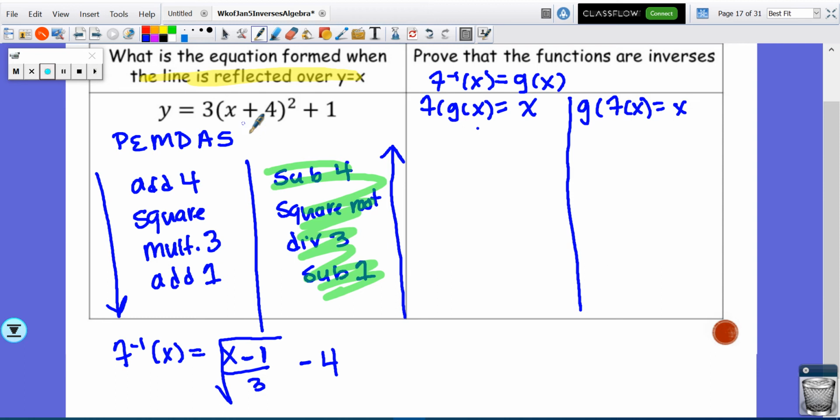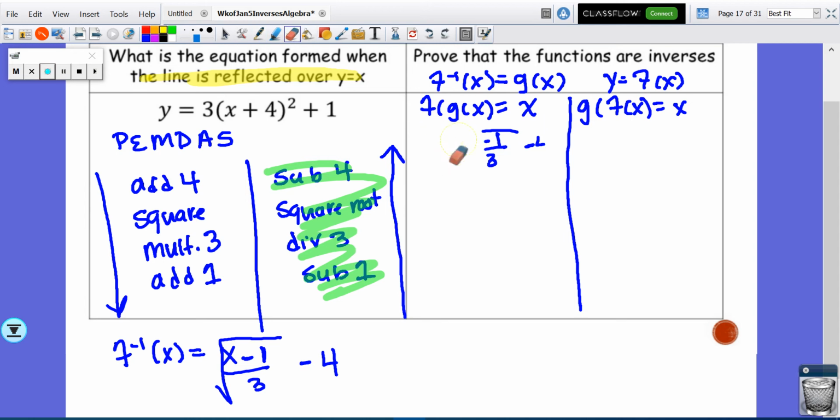So here it tells me to hold the f function. The f function is the same thing as y, which is the same thing as f of x. Okay? So the f function is 3, and it tells me everywhere there's an x, put in the g function. So here's my g function down here, and so I'm going to put in square root of x minus 1 over 3 minus 4. Oh boy, hold on, I need more space, guys.